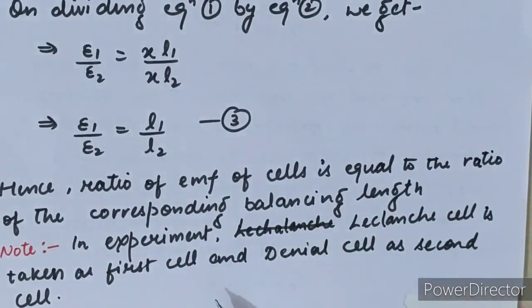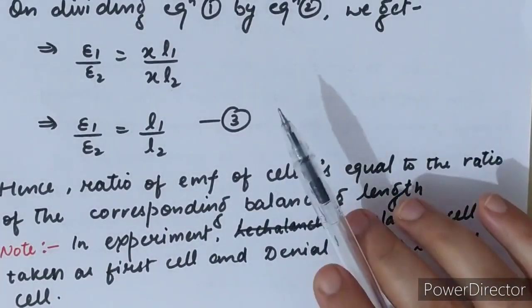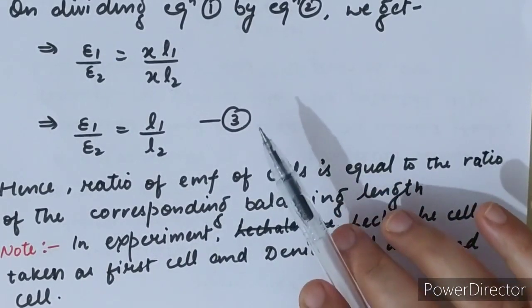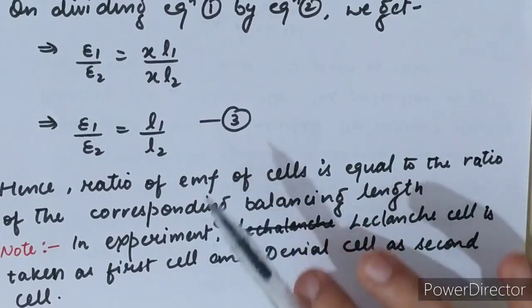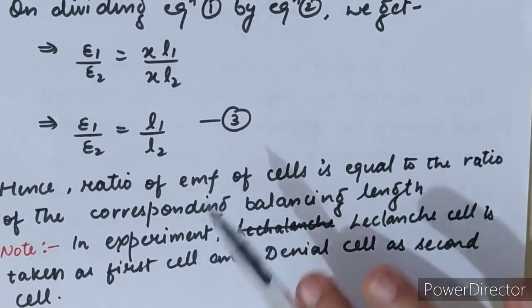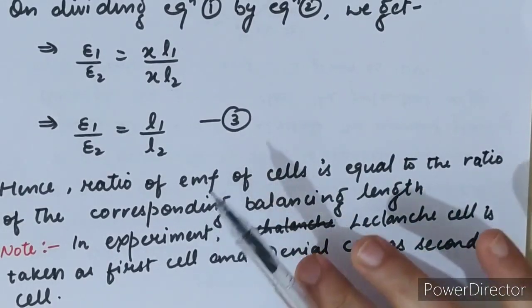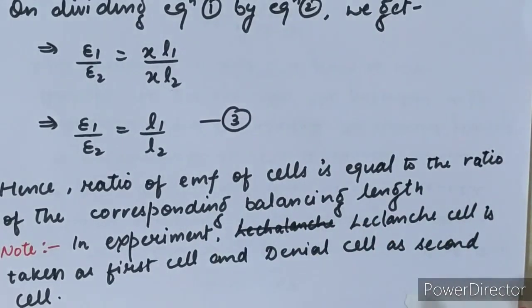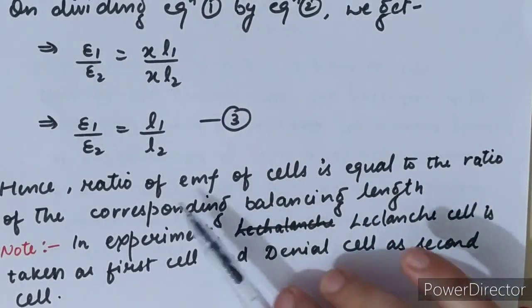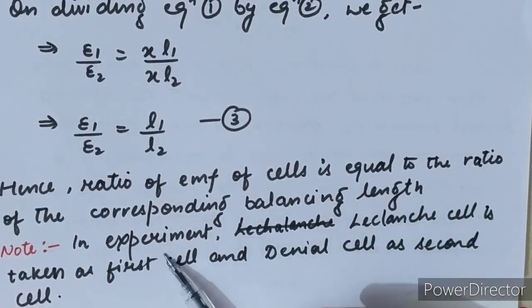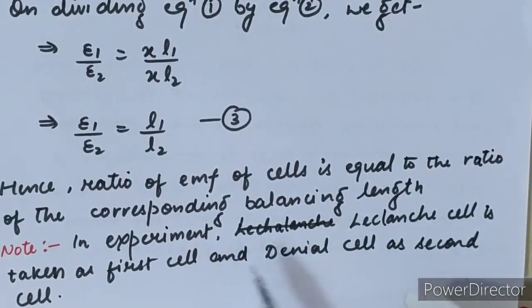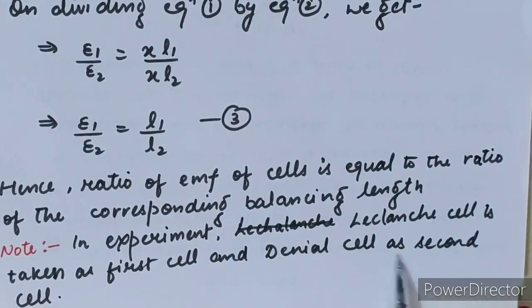In this experiment of comparison of EMF of two cells, there is no need to do any kind of standardization. Simply we have to calculate the value. Now there is a note that in the experiment the Leclanche cell is always taken as the first cell in the secondary circuit, and the Daniell cell as the second cell.